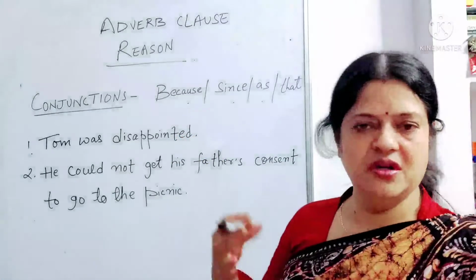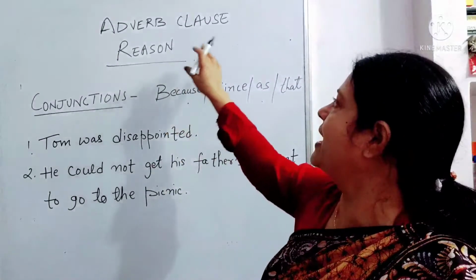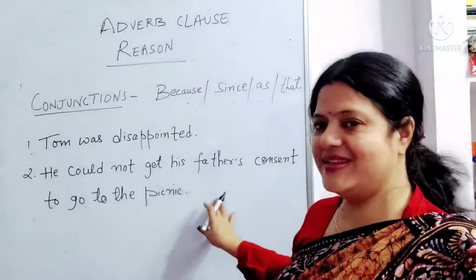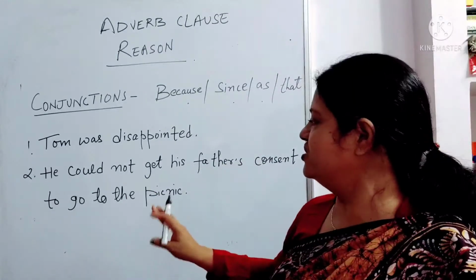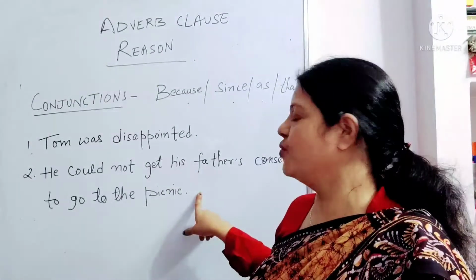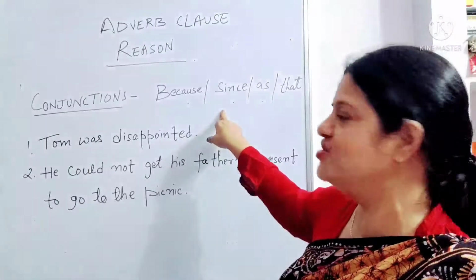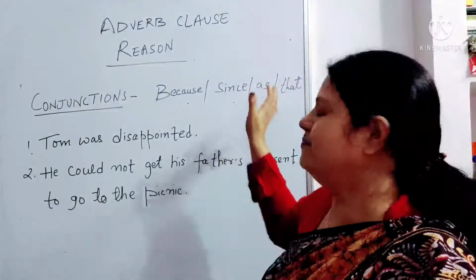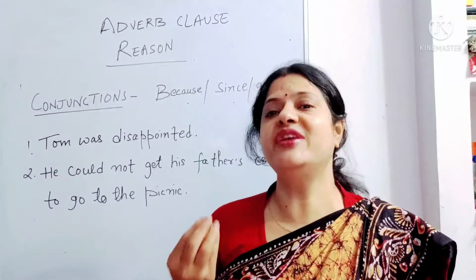Since we are not studying result, we are only studying adverb clause of reason, we will put more emphasis on the second sentence: he could not get his father's consent to go to the picnic. Since we know that the second sentence is showing reason, we will take any of these adverb clause conjunctions and put it in front of the sentence which is showing reason.